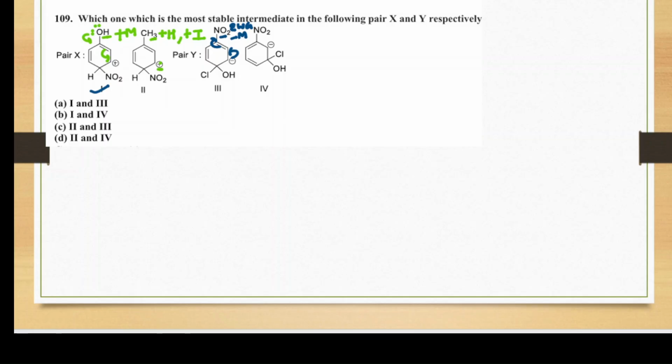Whereas in the fourth molecule that is given to us, the mesomeric minus M effect is not applicable in this particular case. So among 3 and 4, your third one is going to be the more stable one. So 1 and 3 are the correct options, according to their stability. So option A is the correct one for this one.